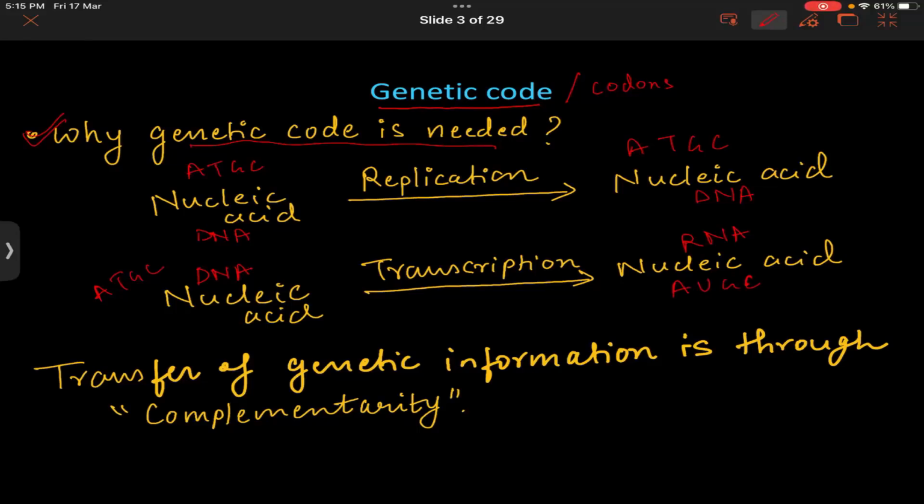So the machinery for transcription has evolved and it understands that it needs to add U in place of T. So the evolution has actually developed this machinery quite well, which helps in recognizing that now U needs to be added instead of T in the RNA molecule.